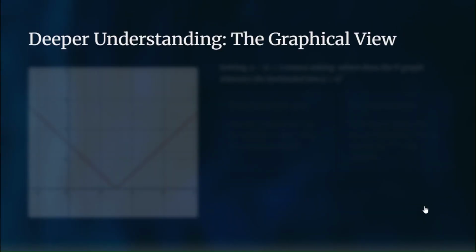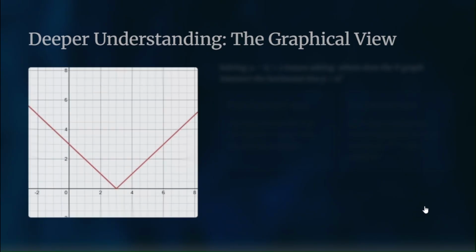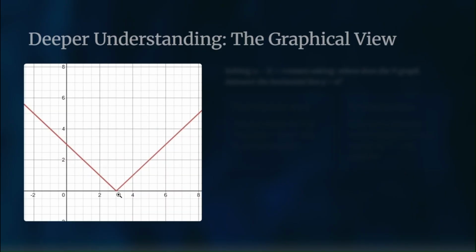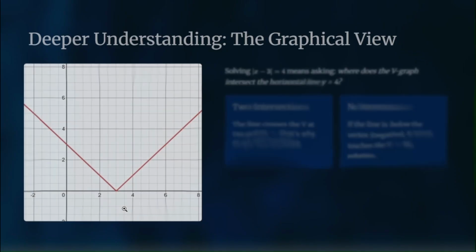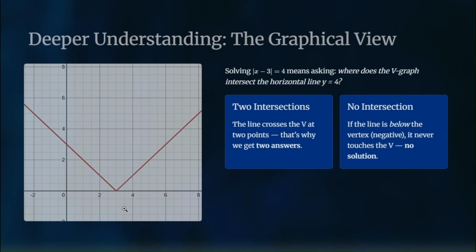If we want to look at this graphically, for instance, if you have y equals absolute value of x minus 3, it will form a V shape with its vertex at the point 3, 0 right here. So if you want to solve absolute value of x minus 3 equals 4, you need to ask yourself, where does the graph intersect the horizontal line y equals 4?